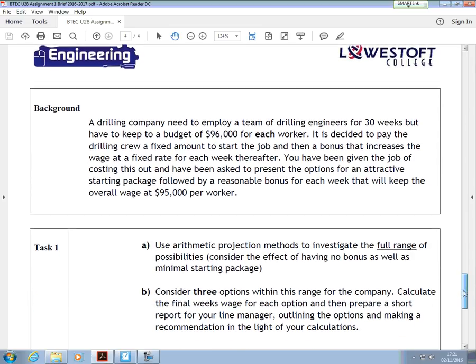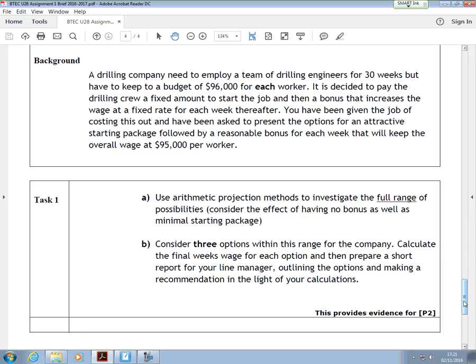And talking about and presenting the options of what might be attractive. So, A. Use arithmetic progression methods to investigate a full range of possibilities. You should consider the effect of not having a bonus at all and just paying the same weekly amount versus the effect of having a minimal starting package and a high bonus.